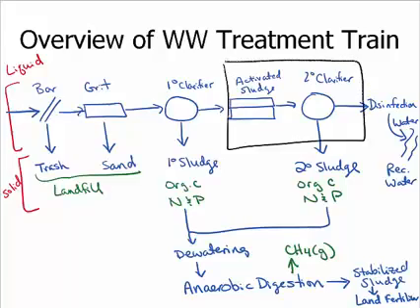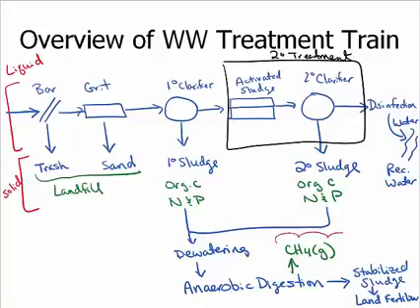So this part of the treatment train is secondary treatment, and we will remove all soluble BOD in this treatment step. So the conventional pollutants have been removed, but one of those further tasks is to consider sustainability. And here, the production of biomethane and the production of fertilizer, these are sustainable solutions.